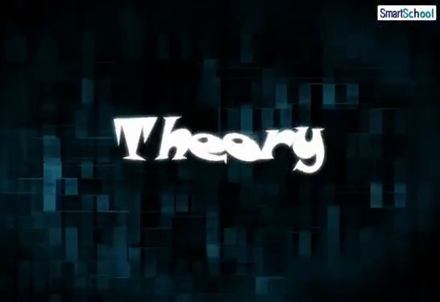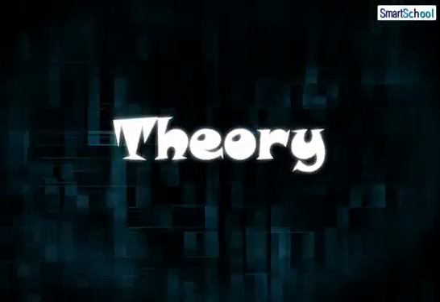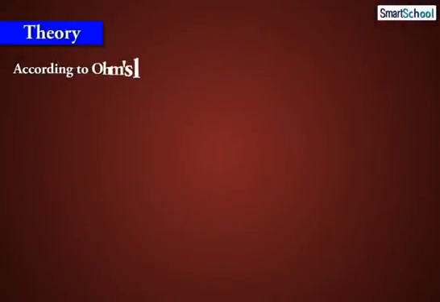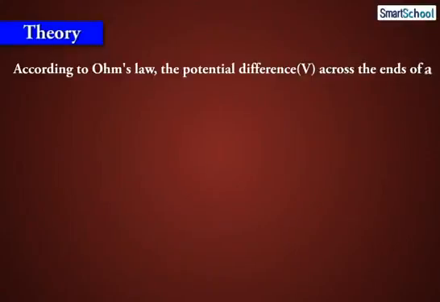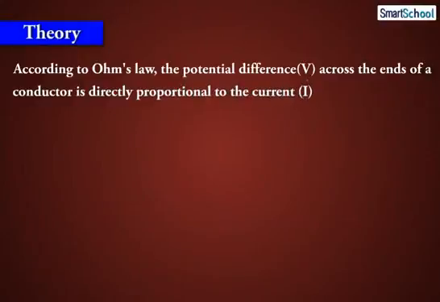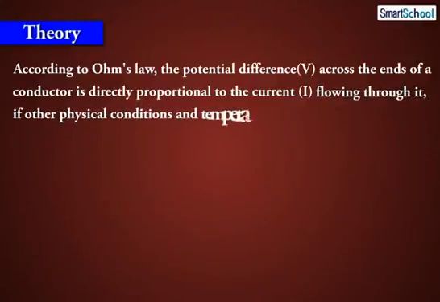Theory. According to Ohm's law, the potential difference, or V, across the ends of a conductor is directly proportional to the current, or I, flowing through it if other conditions and temperature remain the same.